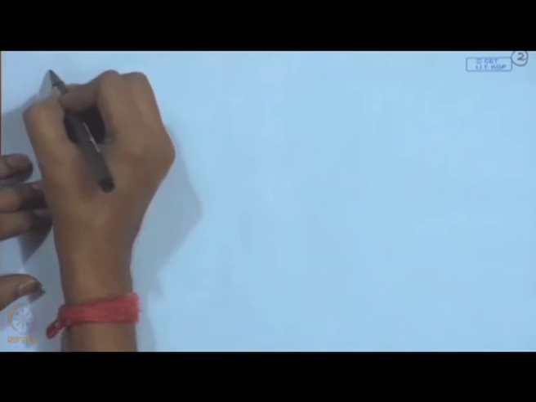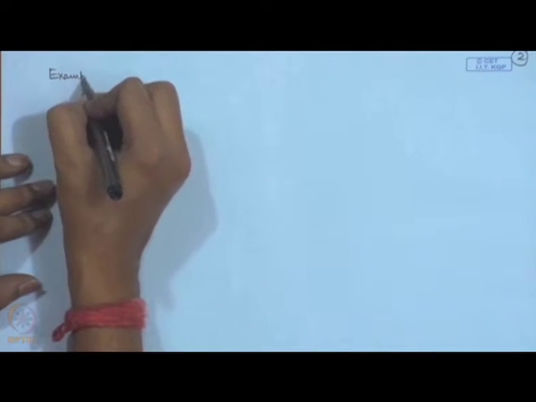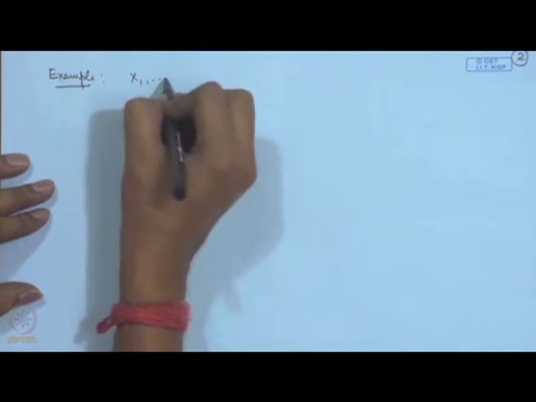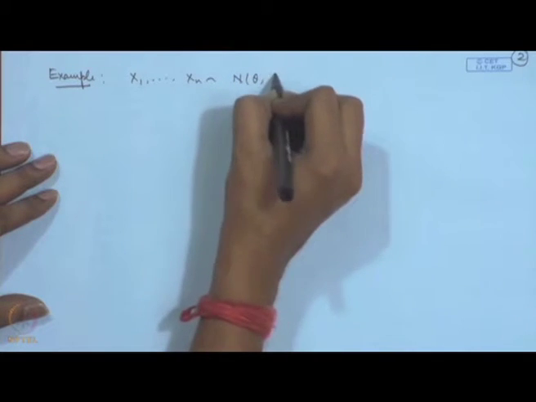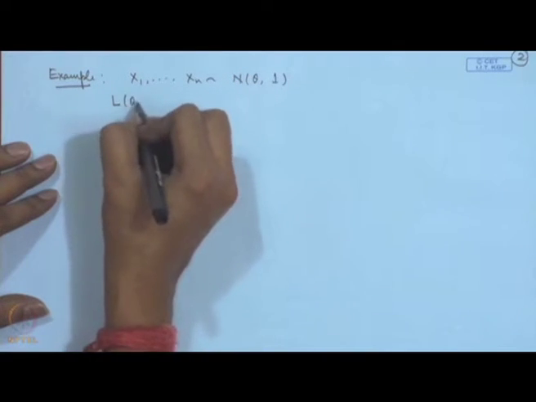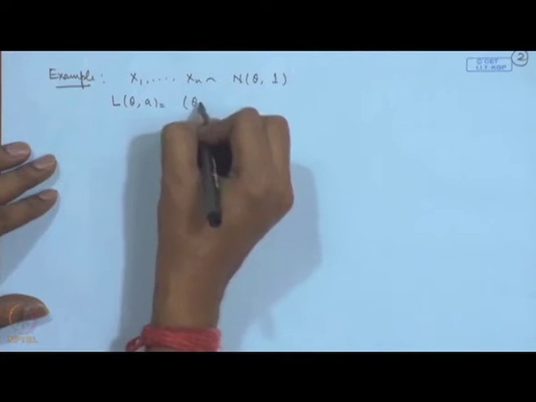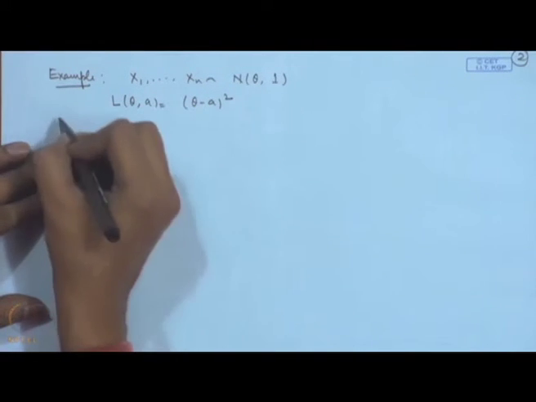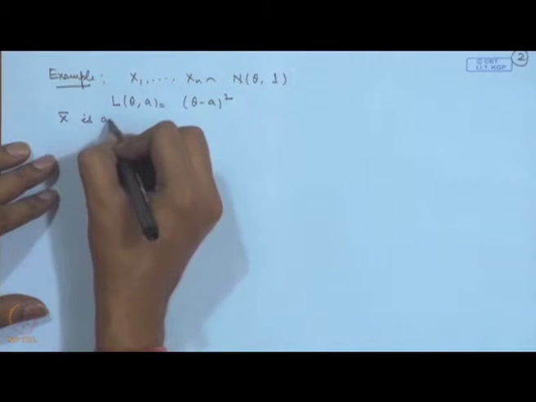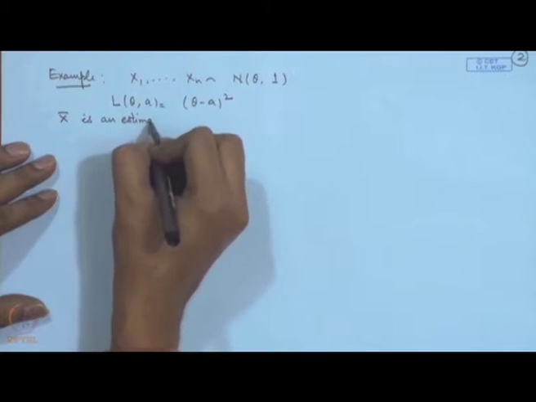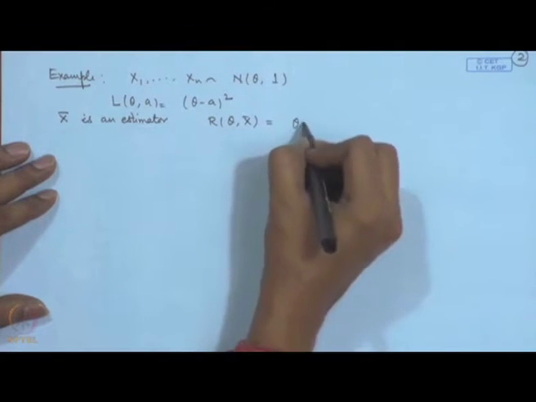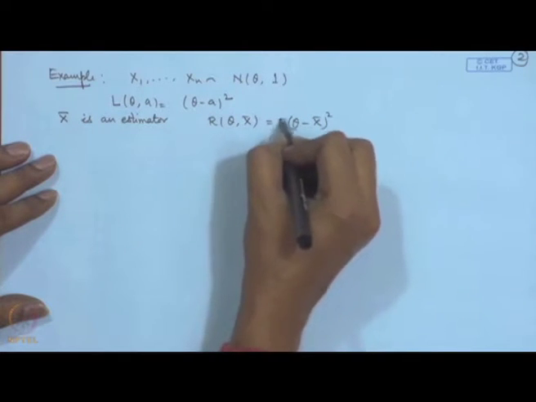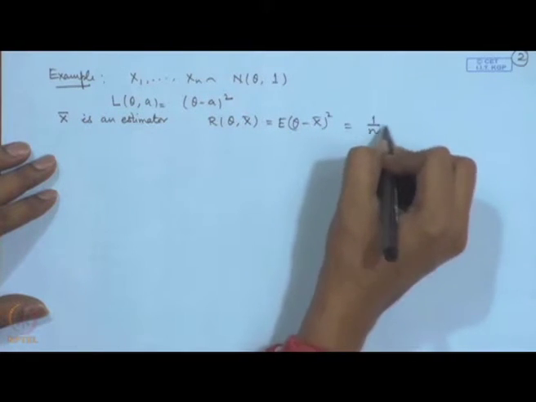Let me illustrate this with an example. Say x 1, x 2, ..., x n follow normal theta, 1. We are considering the loss function equal to theta minus a, whole square. X bar is an estimator. So, the risk of this is the expectation of theta minus x bar, whole square, which is equal to 1 by n.